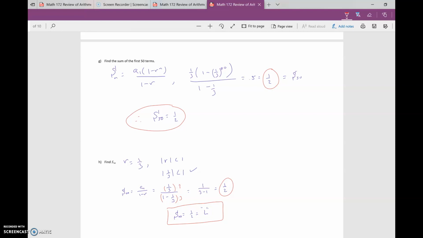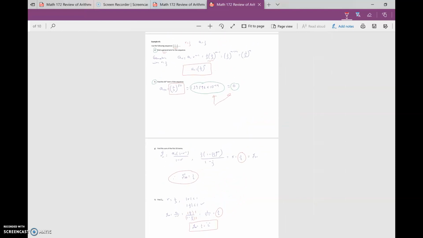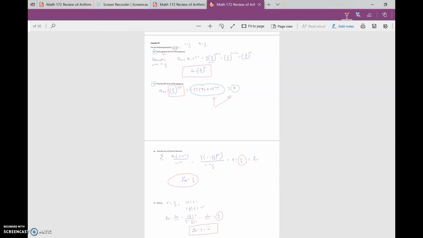We want these series to not become unbounded and to reach a limit. For this one, we just happen to have that the infinite sum reaches 1/2, which is basically the same value that you see as you're adding the first 50 terms. So you see the actual sum converging to 1/2.